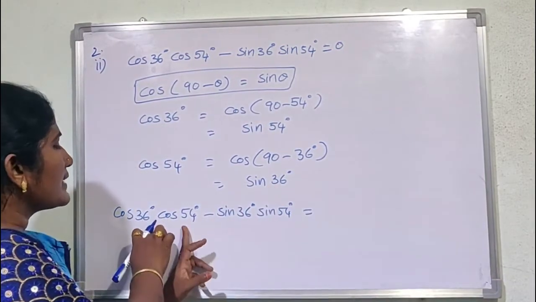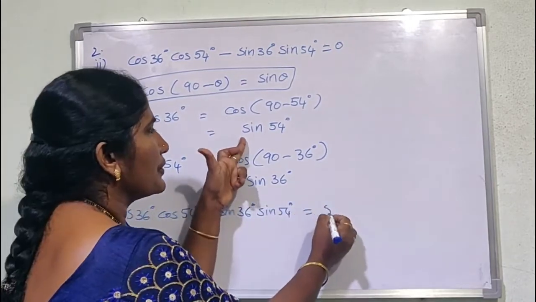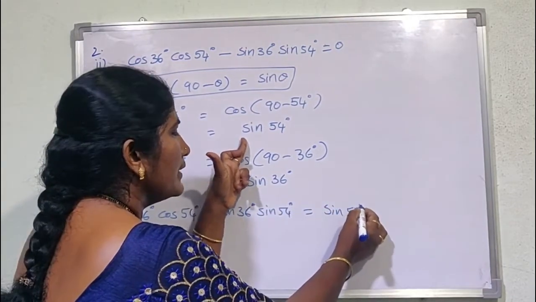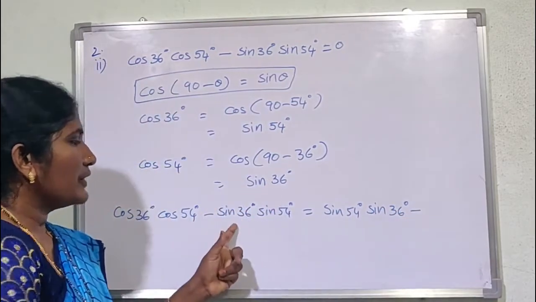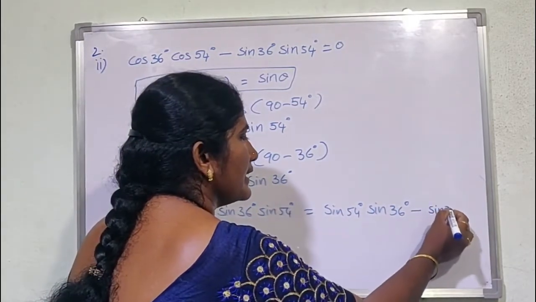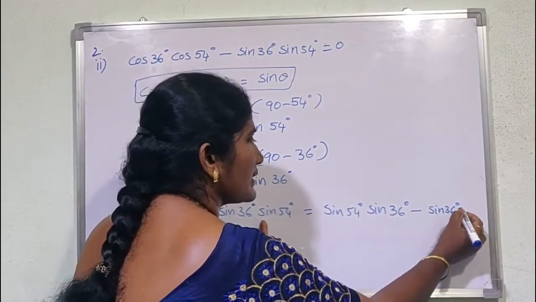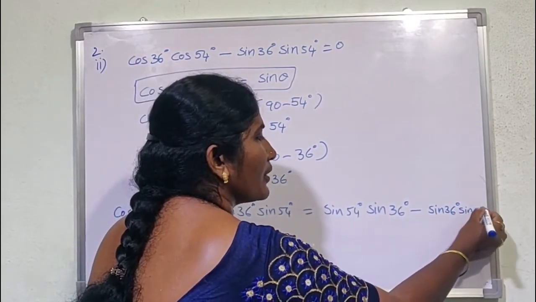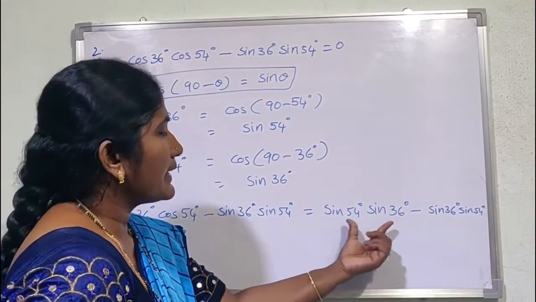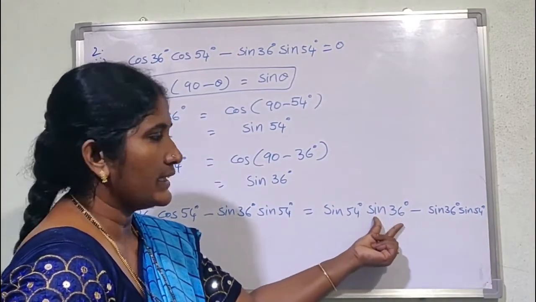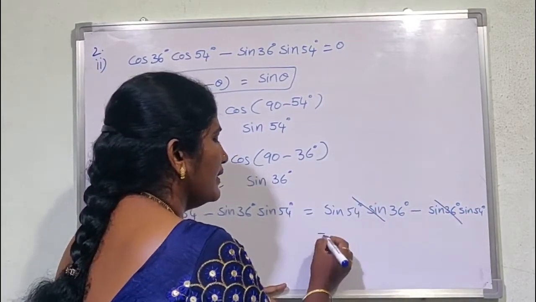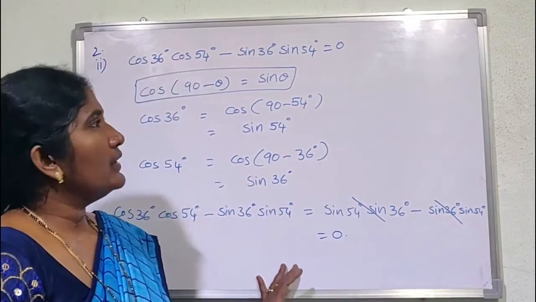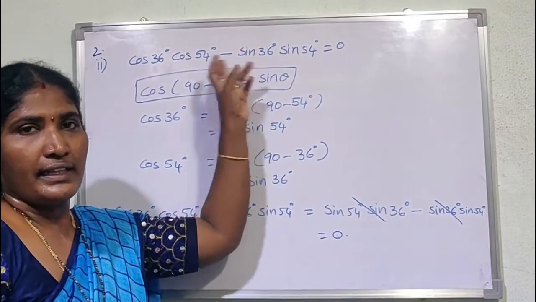Instead of cos 36 and cos 54, substitute sin 54 degrees and sin 36 degrees minus, in question sin 36 degrees, second term is sin 36 into sin 54. Observe here, two terms are same terms, sin 54 sin 36 minus sin 36 sin 54 get cancelled, which is equal to 0. The given statement is correct.